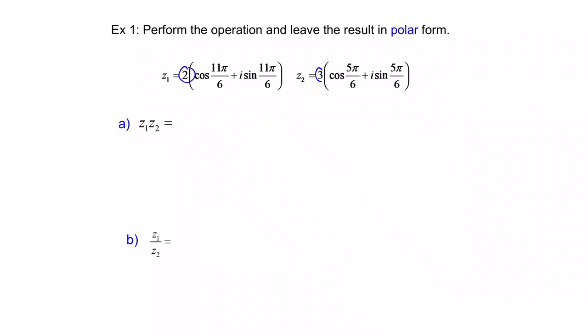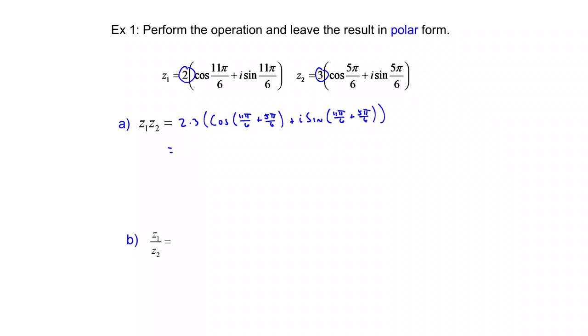so the 2 and the 3, so it'll be 2 times 3, and then inside we will add the angles, so cosine of 11 pi over 6 plus 5 pi over 6 plus i sine of, same thing, 11 pi over 6 plus 5 pi over 6.